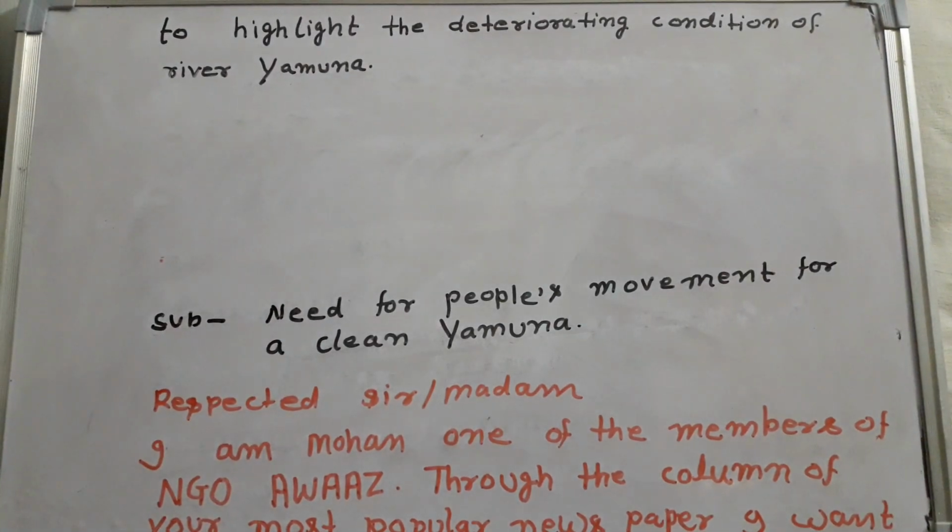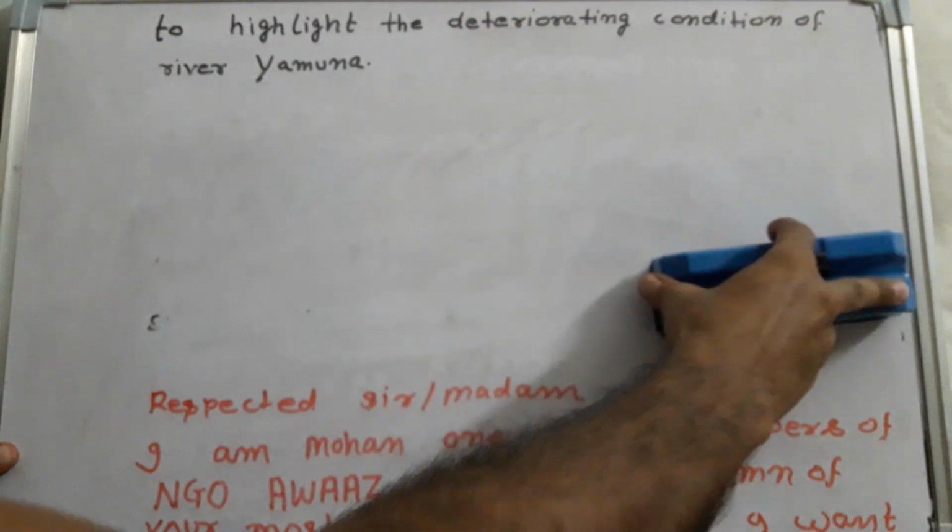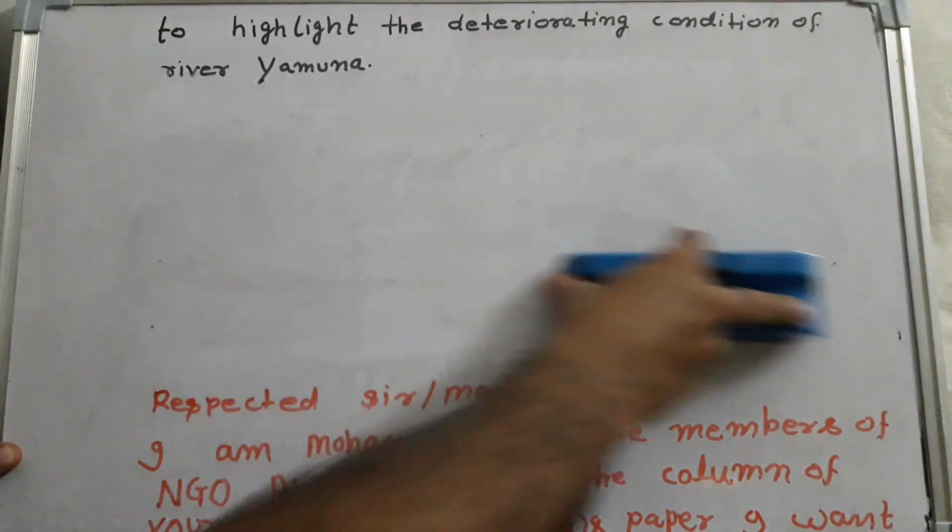So, I have already mentioned my introduction as well as the purpose of letter writing. Now, I will have to start the second paragraph. Before we start it, let me erase this part too. In this second paragraph, I am going to explain the detail.